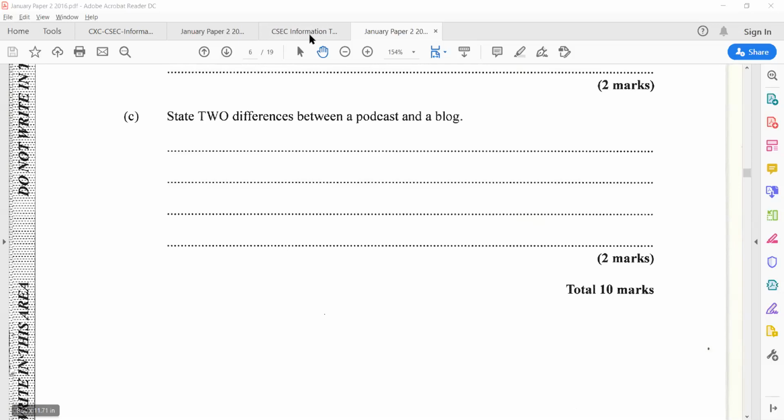A blog is for reading. Yes, a blog is more text, and a podcast is for listening.